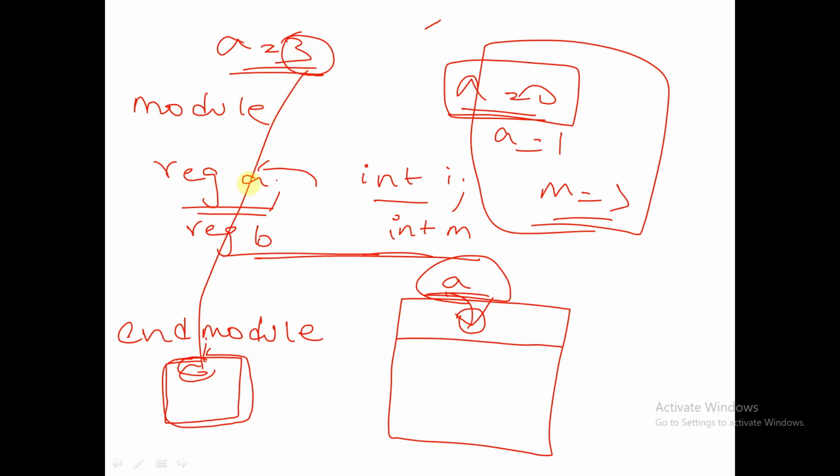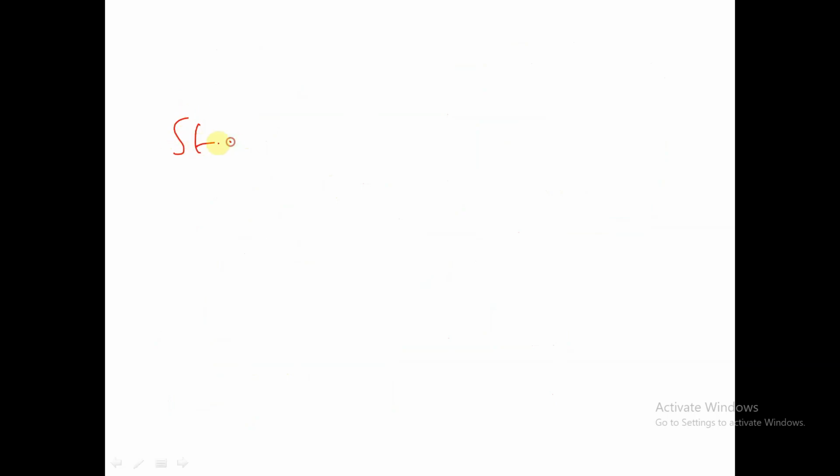So every time we try to store a value into this variable, it will be stored into the same memory location by overriding the previous values. So this is called static memory allocation.